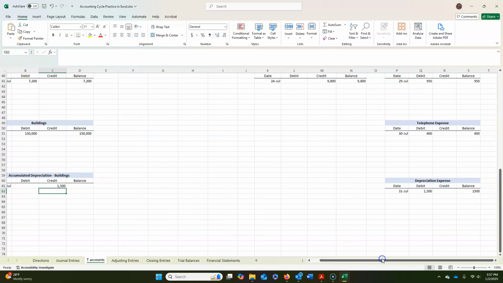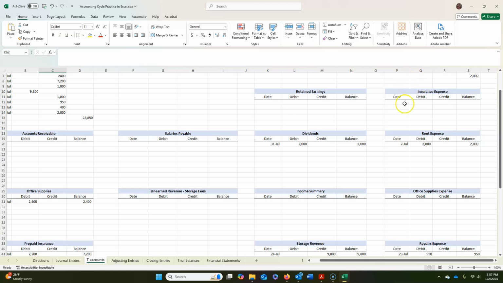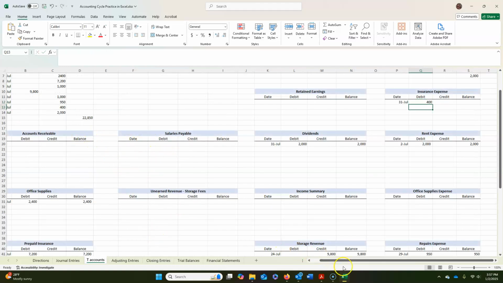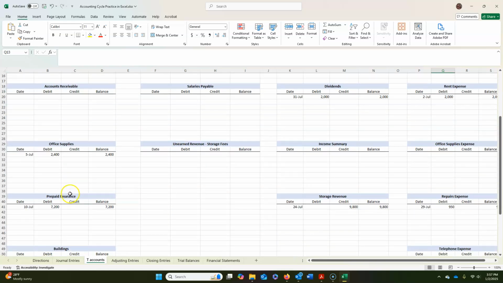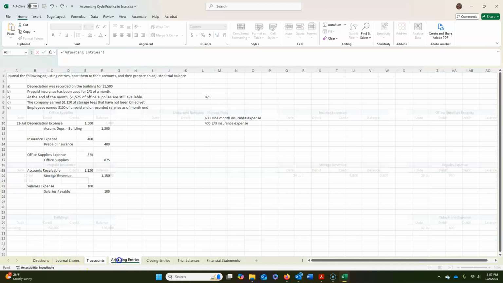Okay. Next, we have our insurance expense. So just a reminder about adjusting entries, they never have cash in them. So never, ever should an adjusting entry impact the cash account. So it's July 31st because it's the end of the month, and we are going to debit insurance expense for $400, and we are going to credit prepaid insurance for $400.